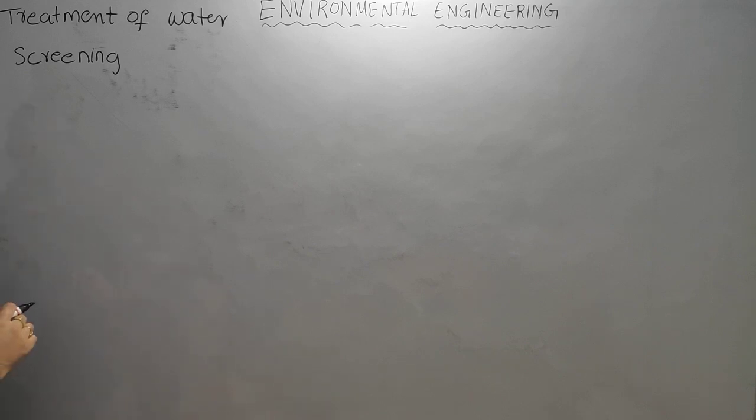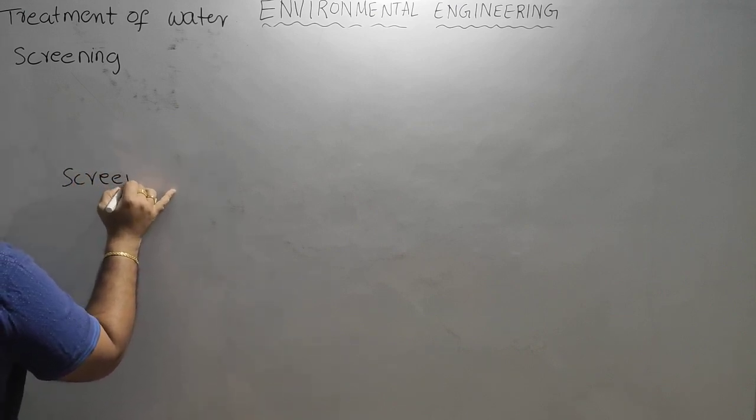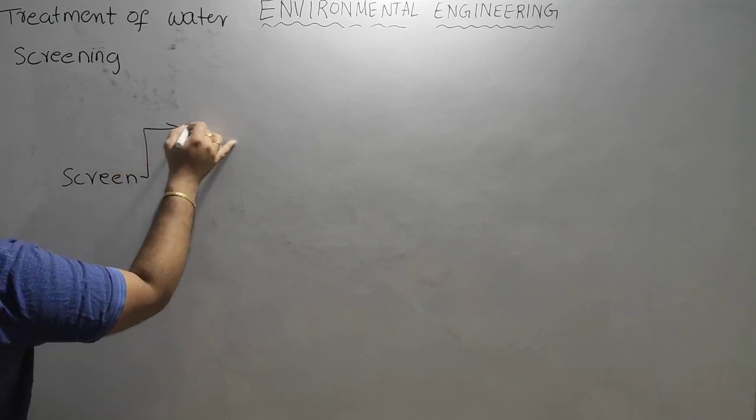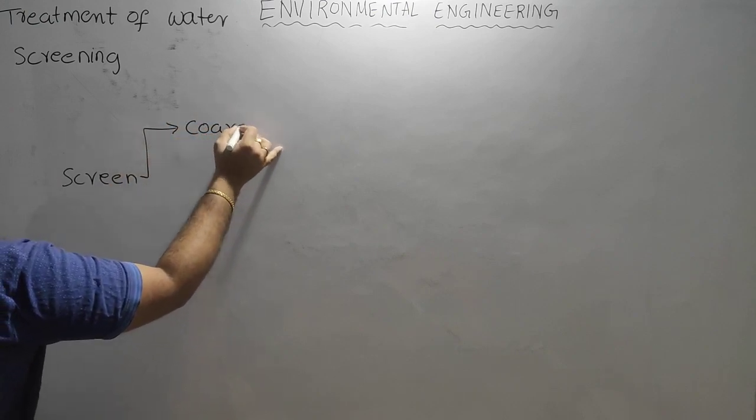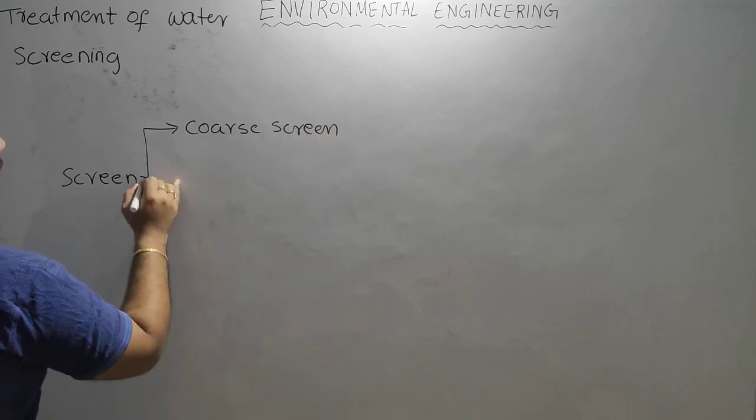Generally different kinds of screens are there depending upon the dimensions of the aperture. There are two types: one is coarse screen and the second one is fine screen.